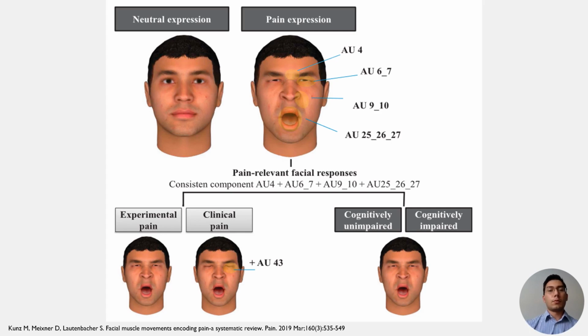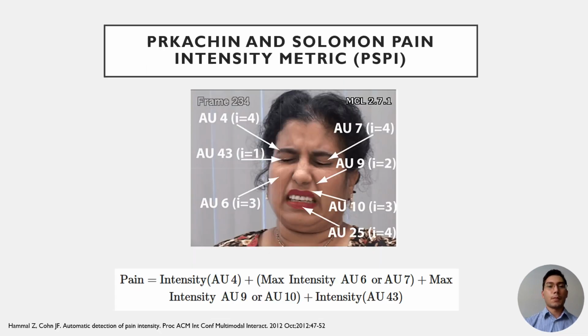These are action units 4, 6, 7, 9, 10, 25, 26, 27. These seem to be the consistent components of pain-associated facial expressions in both cognitively unimpaired and impaired individuals. Actually, it was found that cognitively impaired individuals display more pronounced and easier to detect changes in facial expressions.